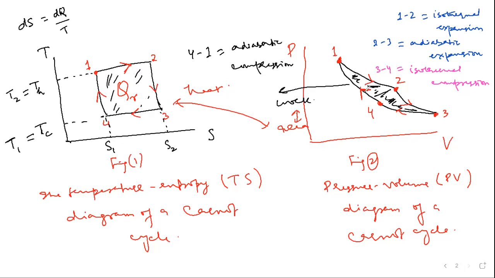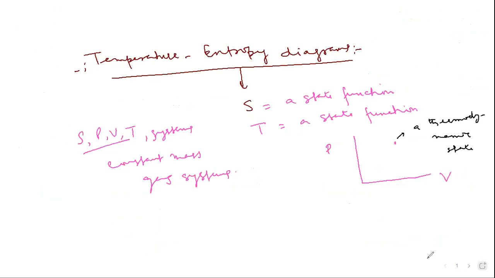Here, this area enclosed in this loop represents net work done by the system. Here it represents the net heat put in the system in this reversible process. So this is how we represent equilibrium or thermodynamic states on a TS diagram, and how we represent Carnot cycle in this entropy temperature diagram.